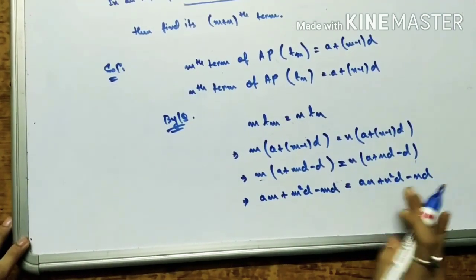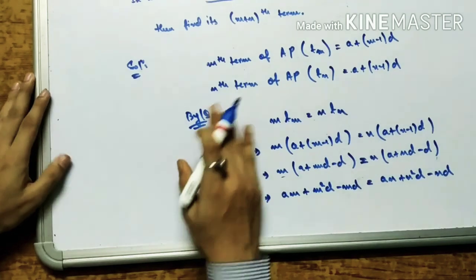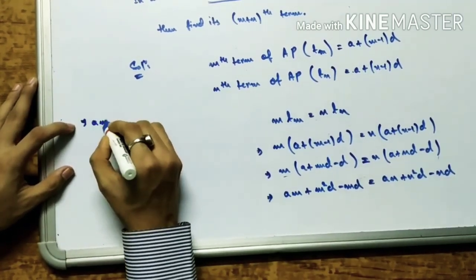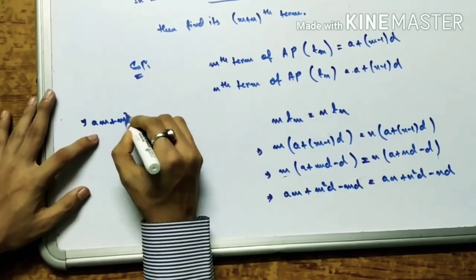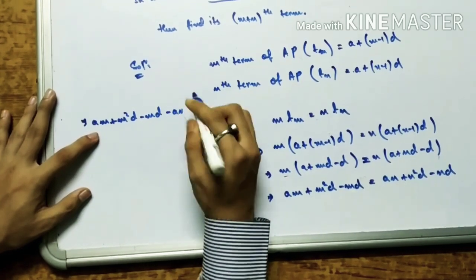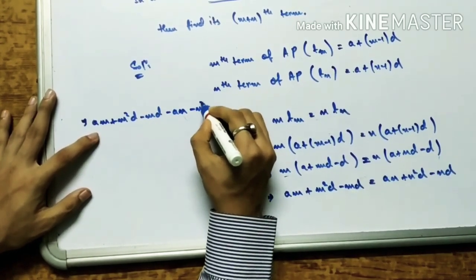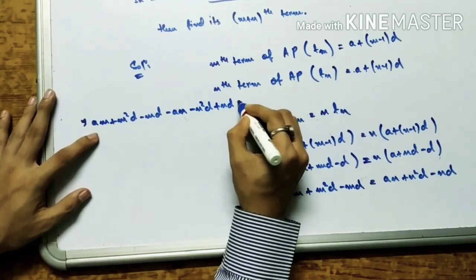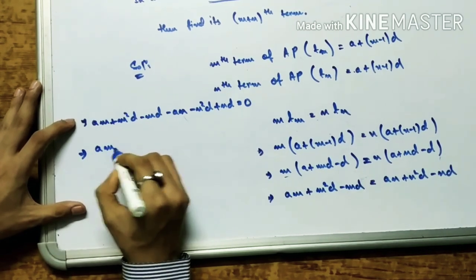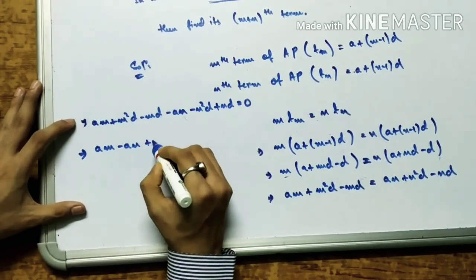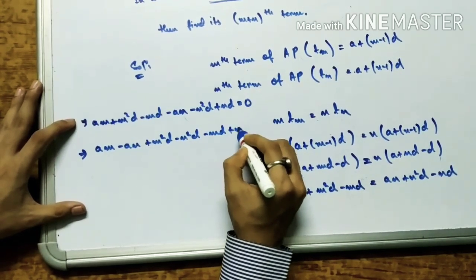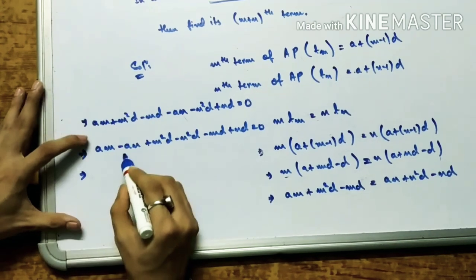Now if I bring this whole thing to the left hand side, what I will get is am plus m square d minus md minus an minus n square d plus nd is equal to 0. So this one I can write as am minus an plus m square d minus n square d minus md plus nd is equal to 0.